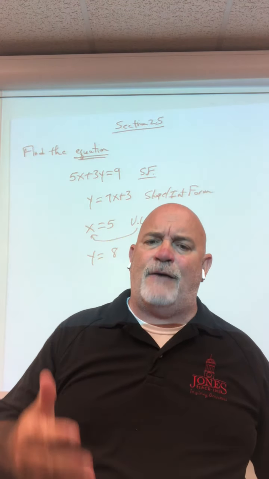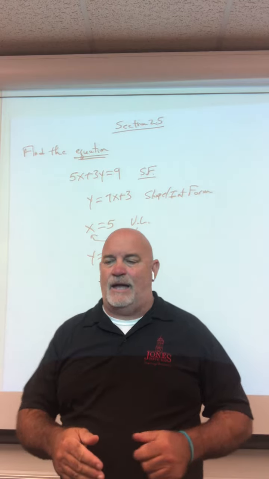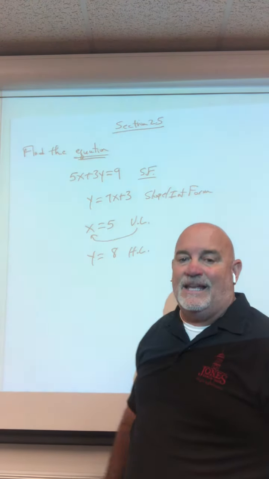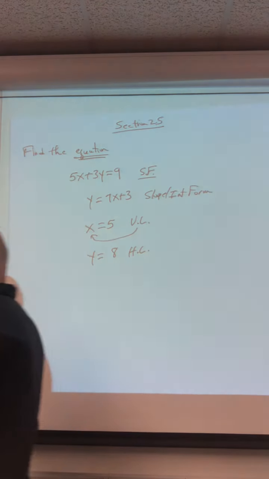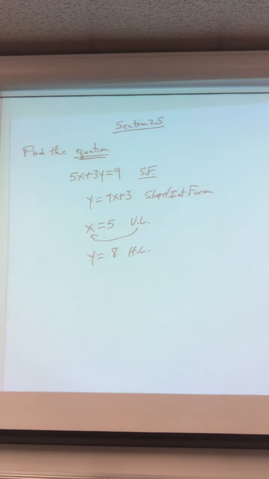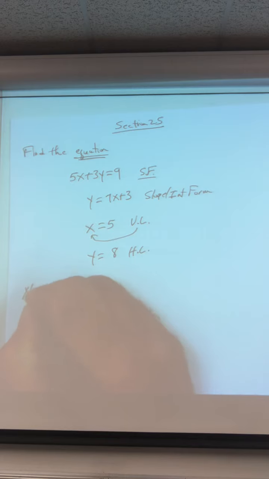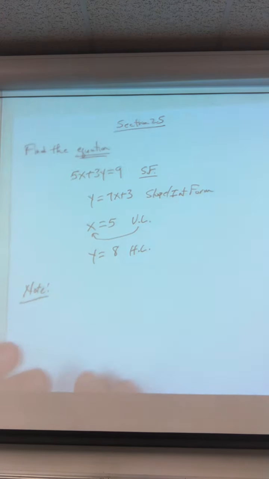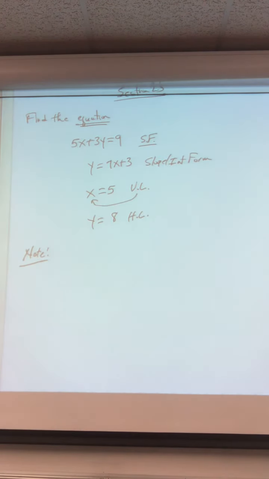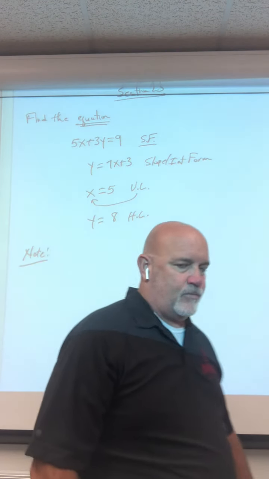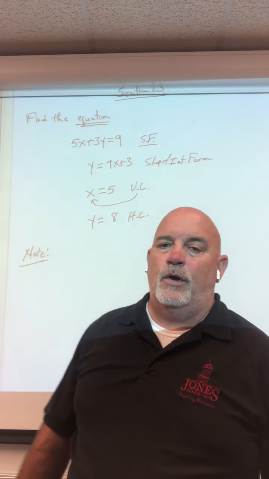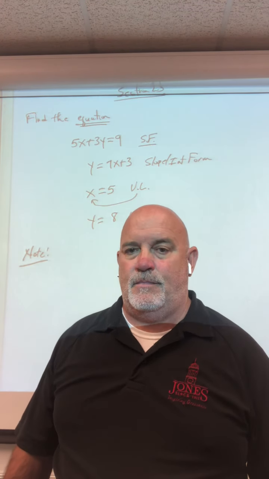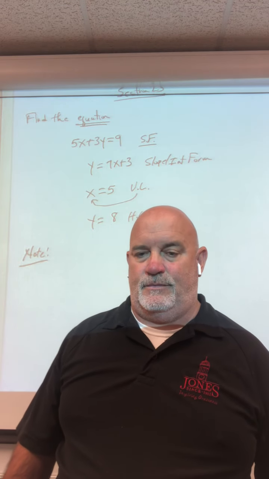So what do we have to know about that line in order to find its equation? Very important note here. Take this note down right here. To find the equation of any line, we must know two facts about that line.